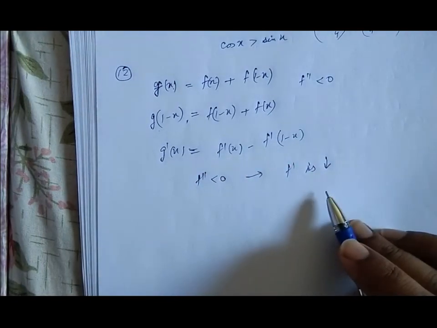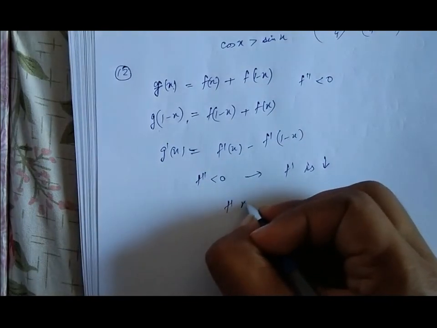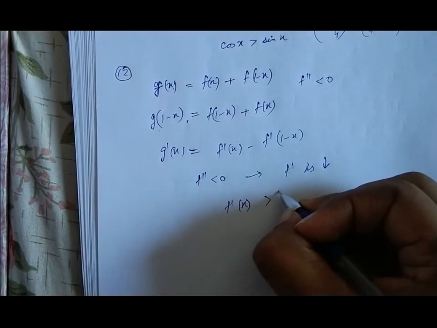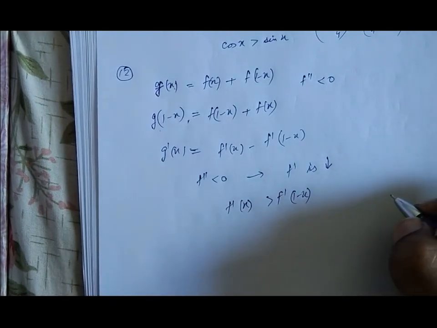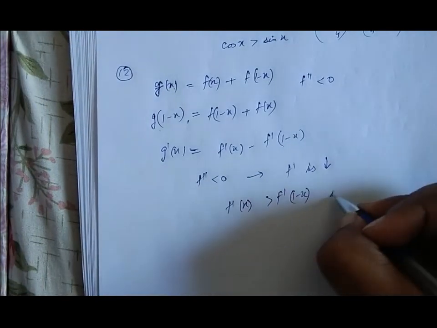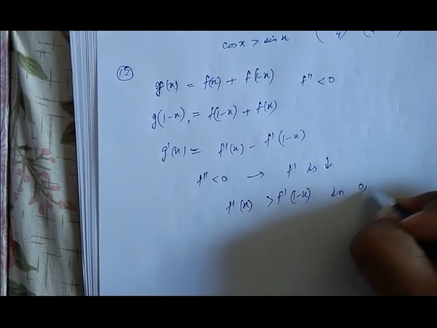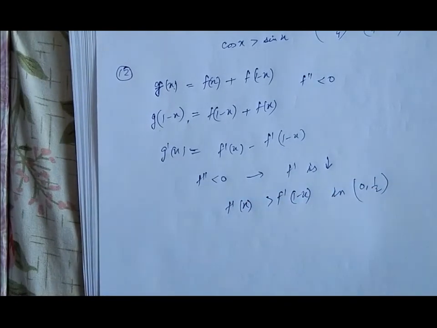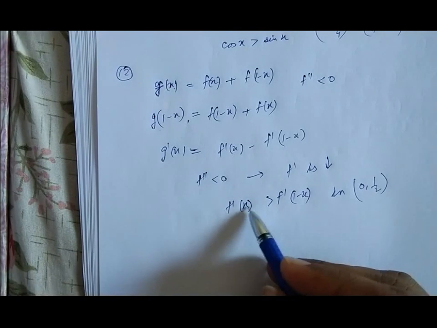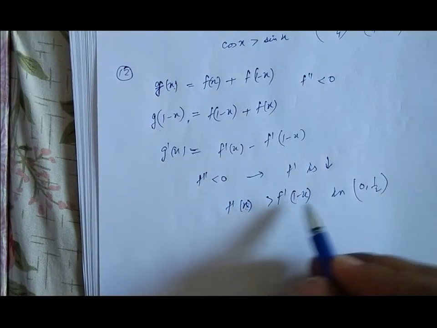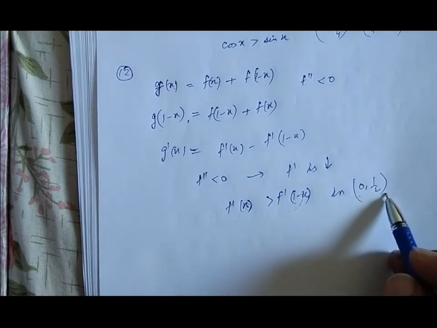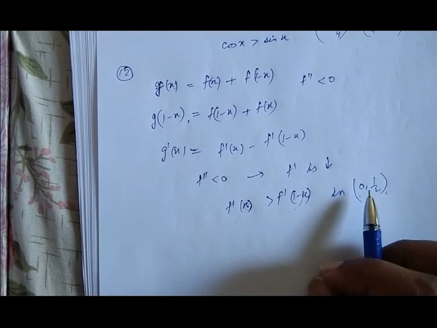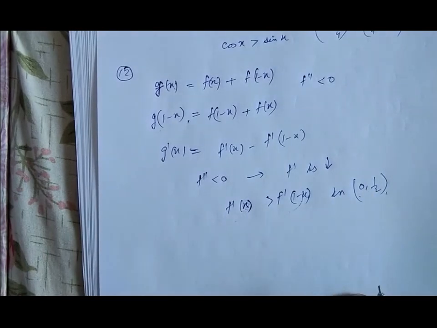Since f' is decreasing, f'(x) is greater than f'(1 minus x). This will happen when x belongs to 0 to half. When x belongs to 0 to half, this will be less than this, and hence this will be greater than this. So in 0 to half, g(x) will increase, otherwise g(x) will decrease.